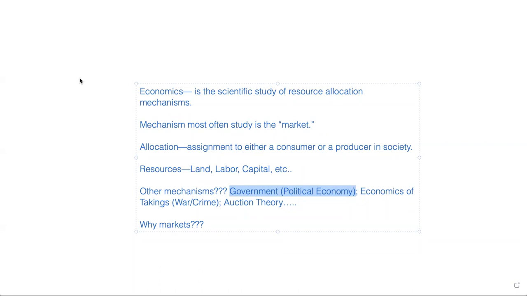Do you want to tell us what kind of car you have, Alondra, or no? Yeah, I have a Chevy Malibu. Okay, nice. So, would you have liked the government to pick that for you, or are you happier you got to pick it yourself? Happier I got to pick it myself.